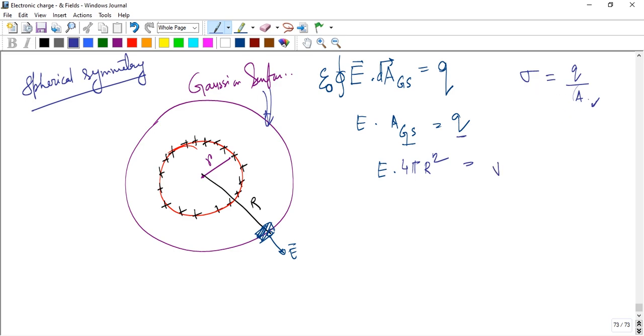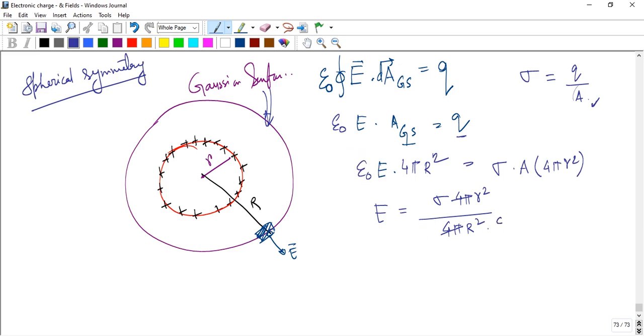So sigma A, and this A equals 4 pi small r squared, that is also a sphere. So we get E equals sigma times 4 pi small r squared by 4 pi capital R squared. The 4 pi cancels.